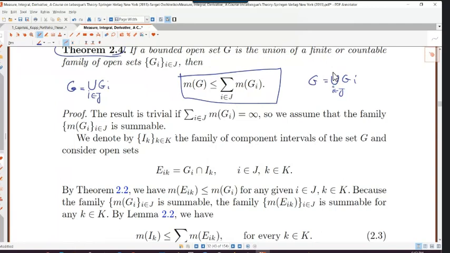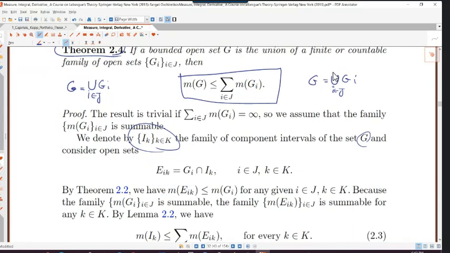You should start with the component intervals of G. Call them Ik, where k belongs to K, and make the intersection of each of these Gi with Ik and call it Eik.